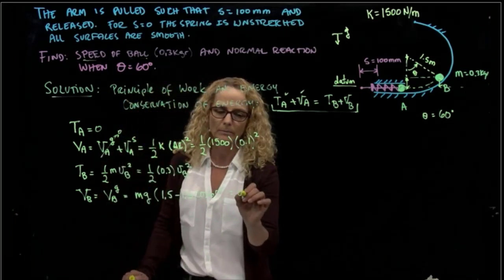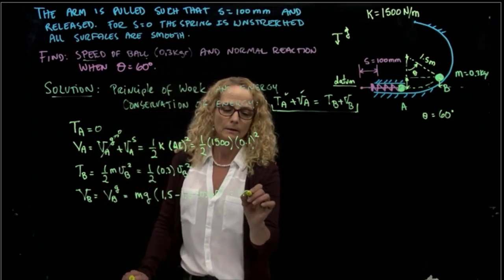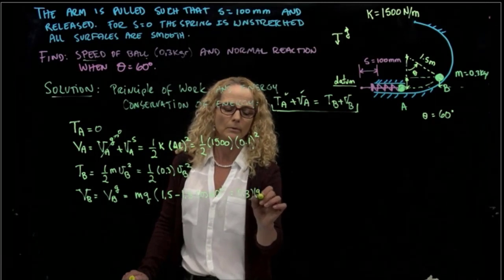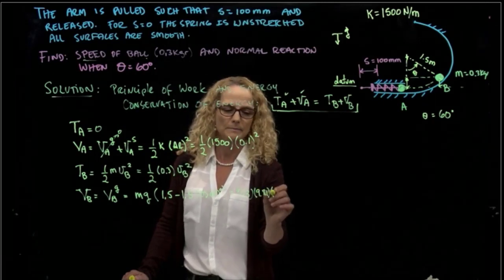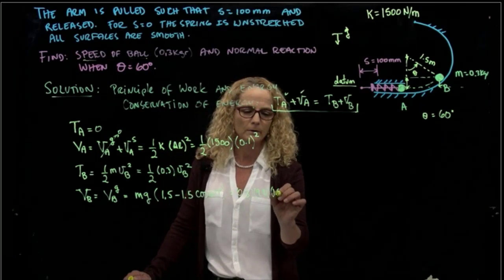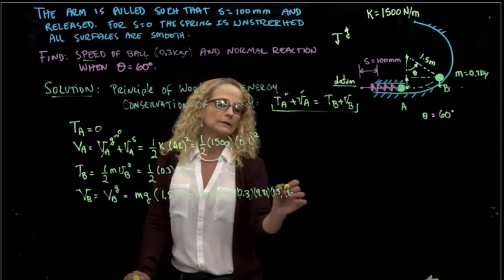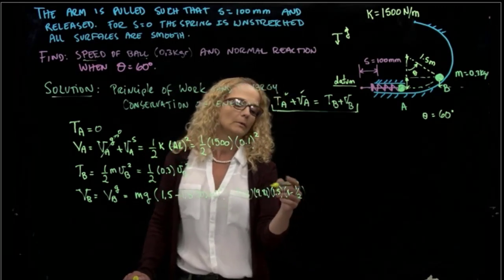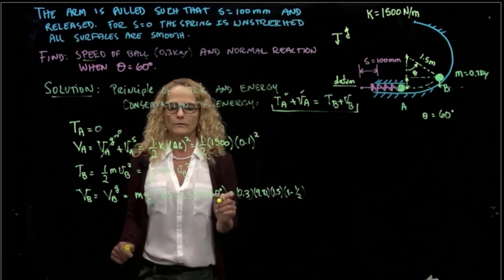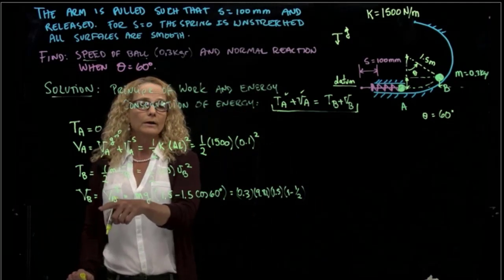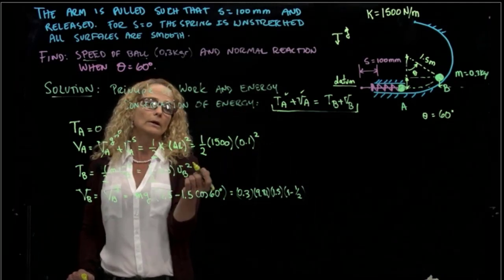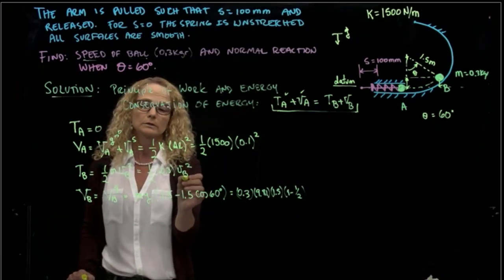So that will be 0.3 times 9.81 times 1.5 times 1 minus cosine of 60, which is 1/2. So it will be 1 minus 1/2, which is 1/2. I have all the values, and as you see, the only unknown is the velocity at B.